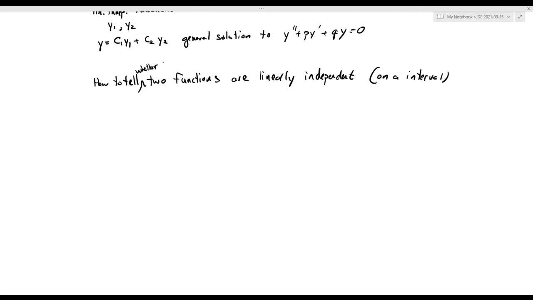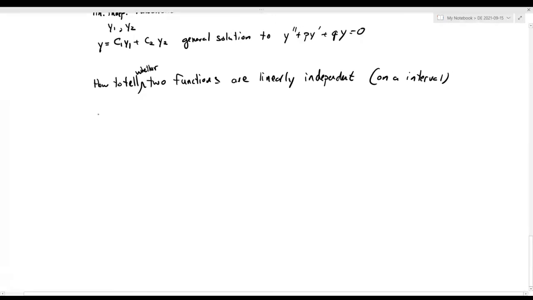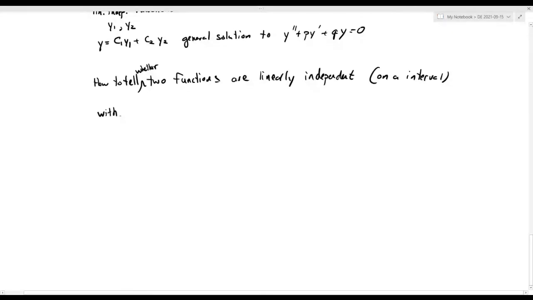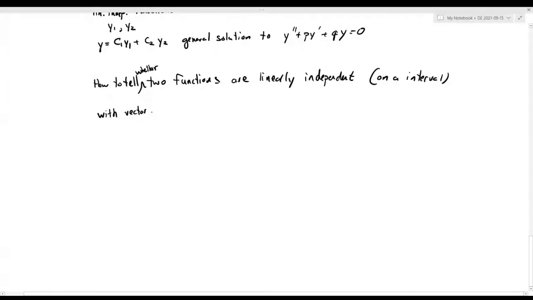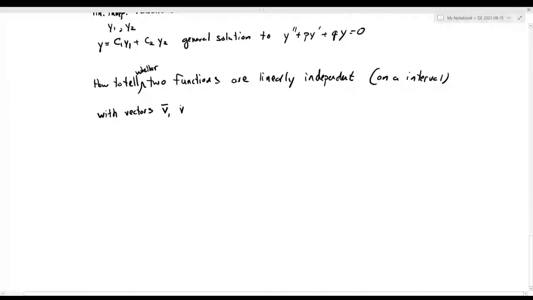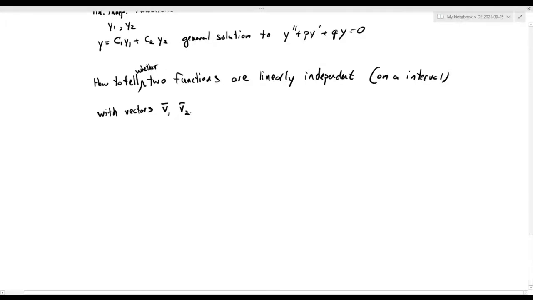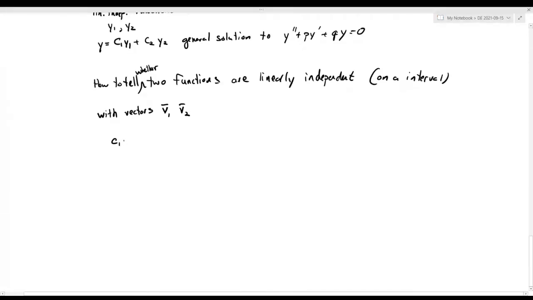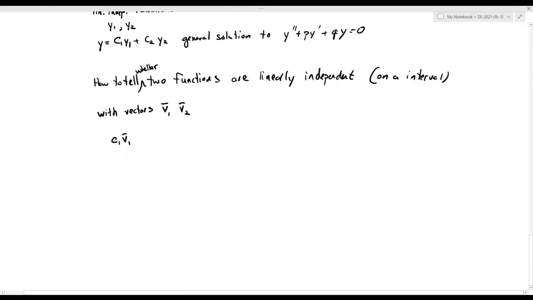Okay. Well, we would start just like with vectors, right? So with vectors, if you had, let's say, v1 and v2, two vectors. How did we check whether two vectors are linearly independent? Generally, right, so this is even for more vectors.